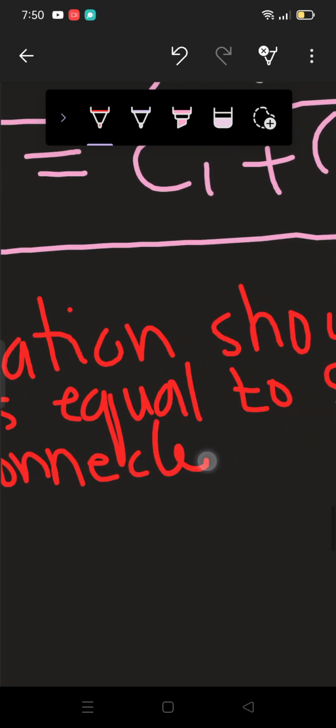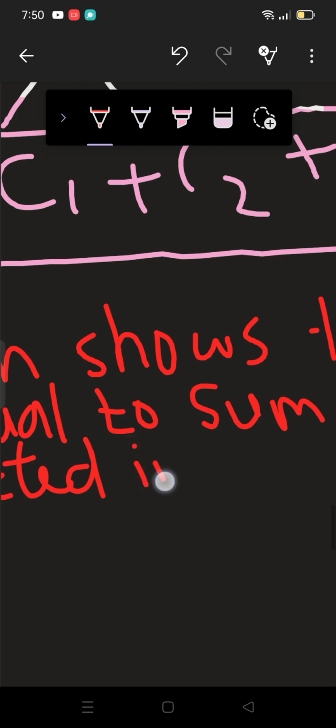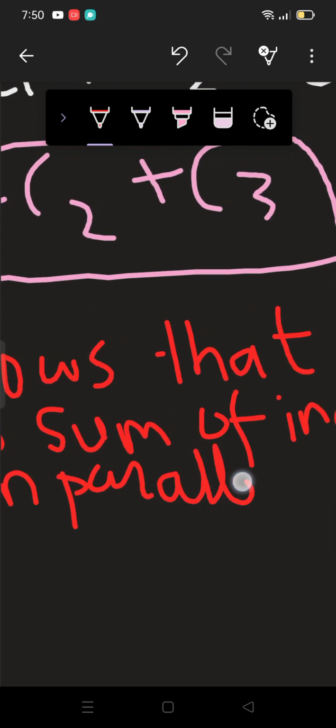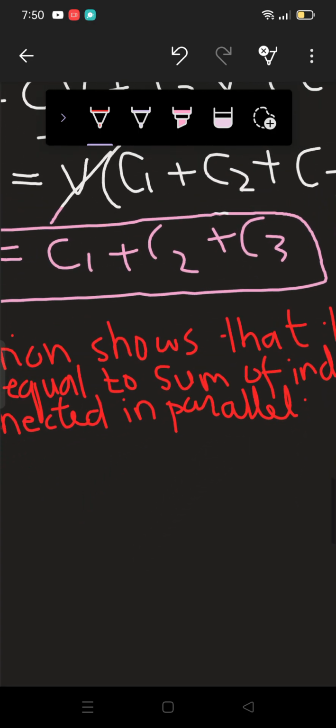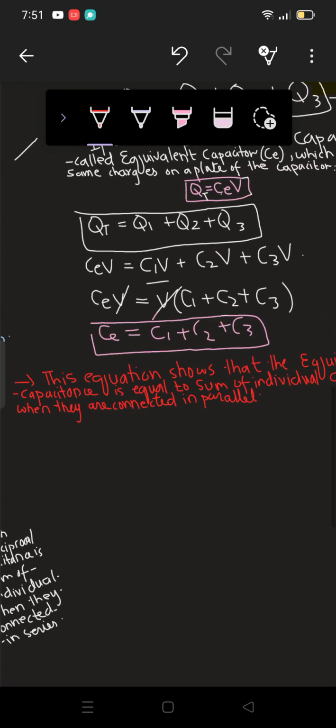This combination is also used in circuits where high capacitance is required, because the equivalent capacitance stores more energy. That's why it is used where high capacitance is required.